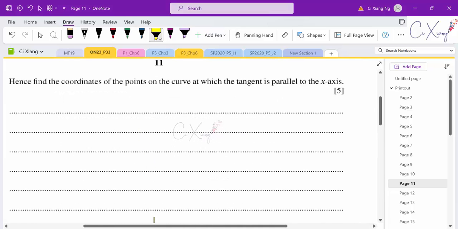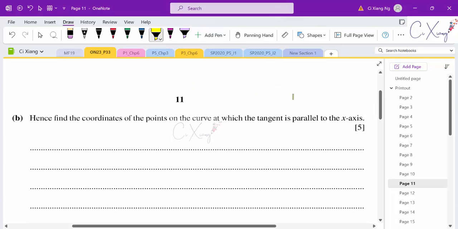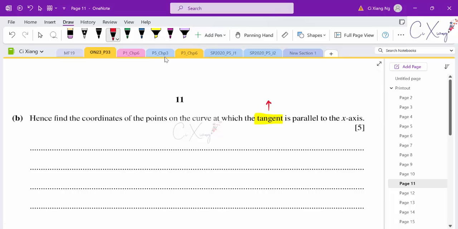For part B, they want us to find the coordinates of the point on the curve where the tangent is parallel to the x-axis. When they are talking about tangent parallel to the x-axis, we are interested in the gradient of the tangent. We should know that the gradient of the tangent is equal to the differentiation of the curve, which is the dy/dx at the particular point x.